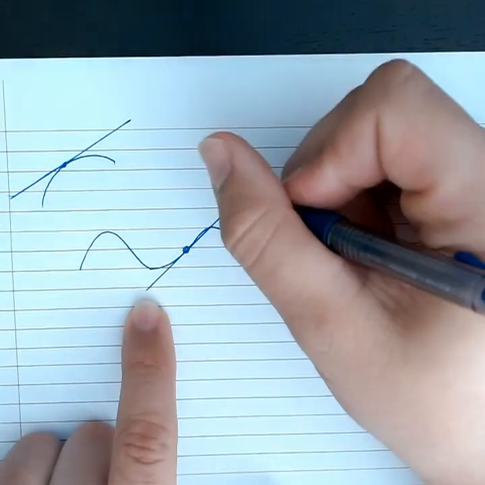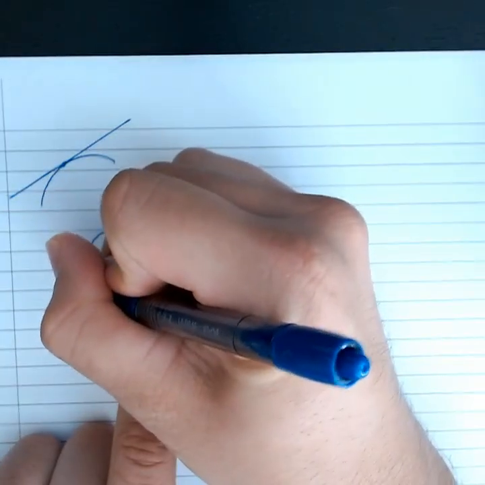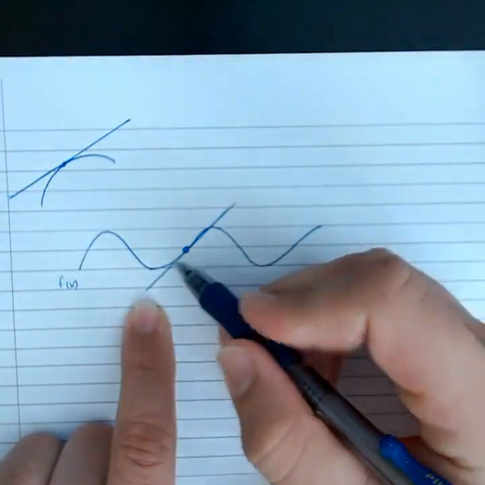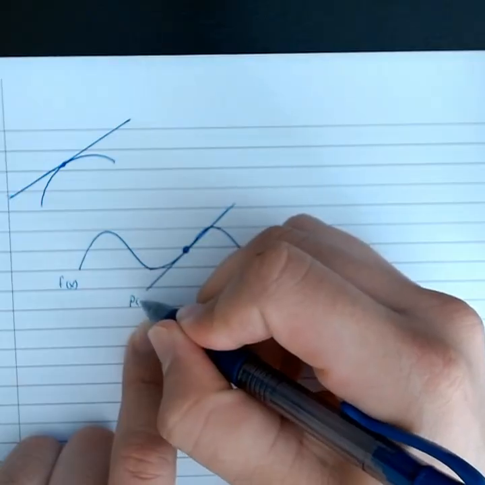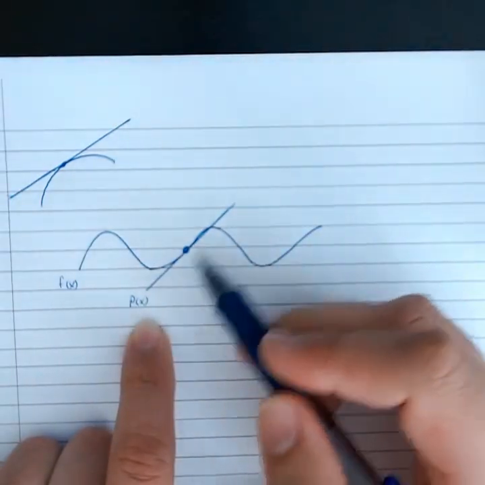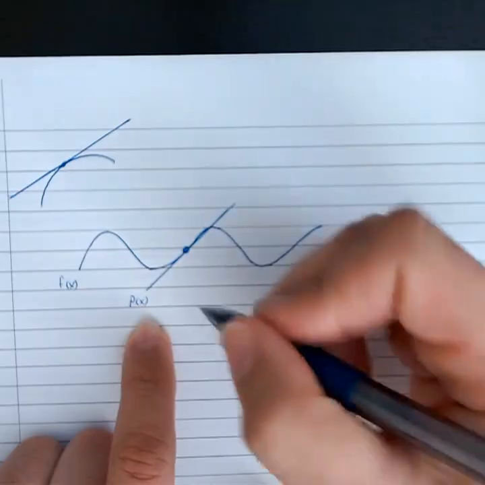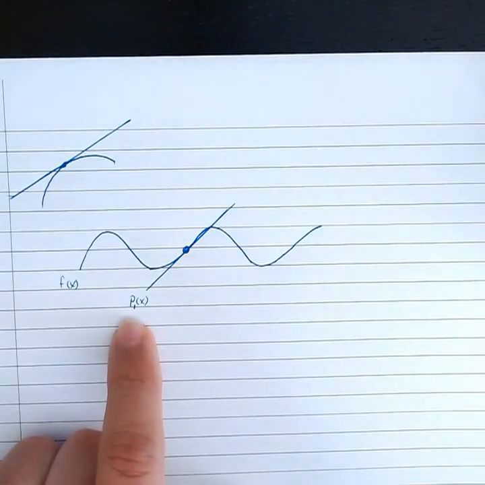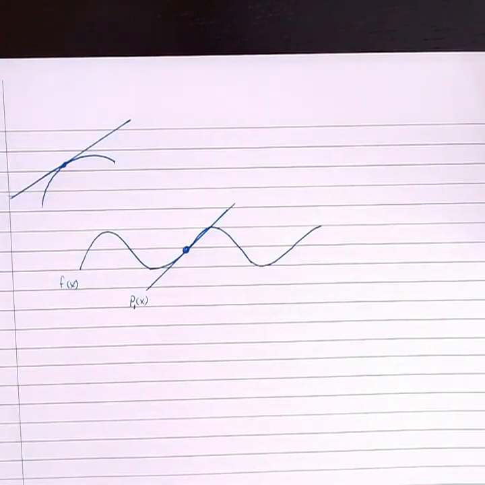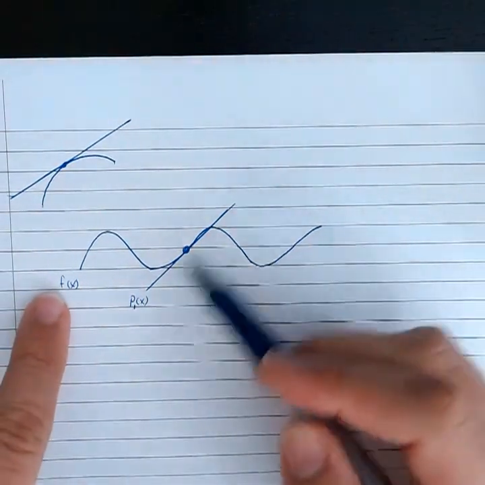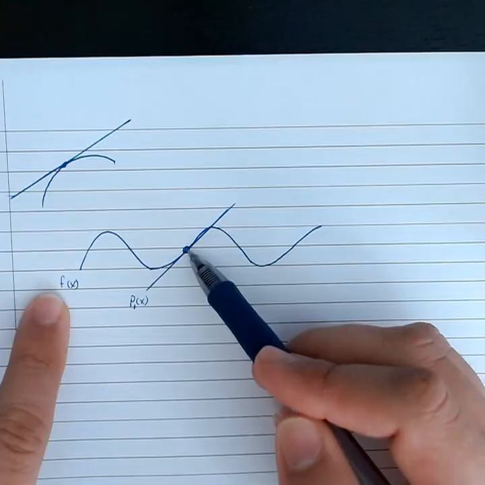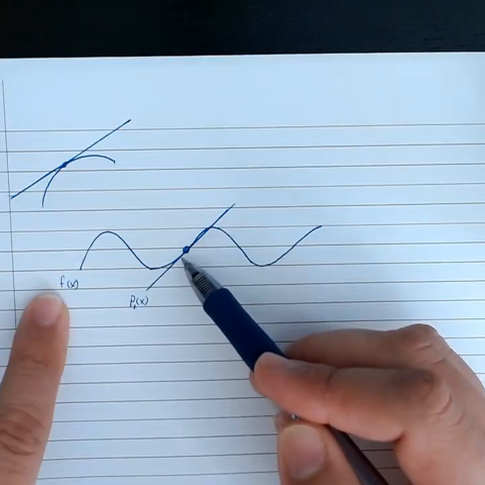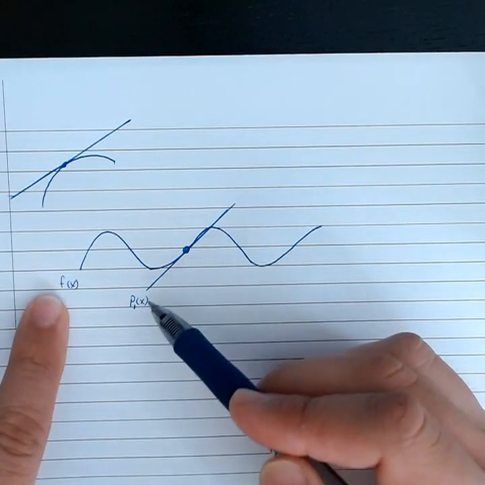So if I label this function f of x, and I call this function p of x, p for polynomial, because of course that's a linear equation. It is a polynomial. I'm going to call it p1, just to designate that as a polynomial of degree 1. What I can say about those two functions is that they are very different, but that at this point they are the same. And not only at this point are they the same, but also their first derivative is the same.